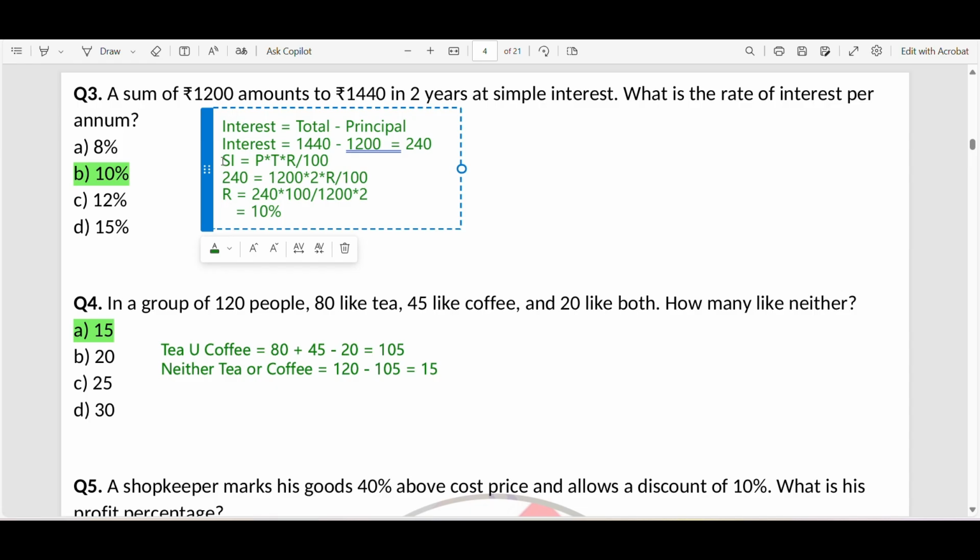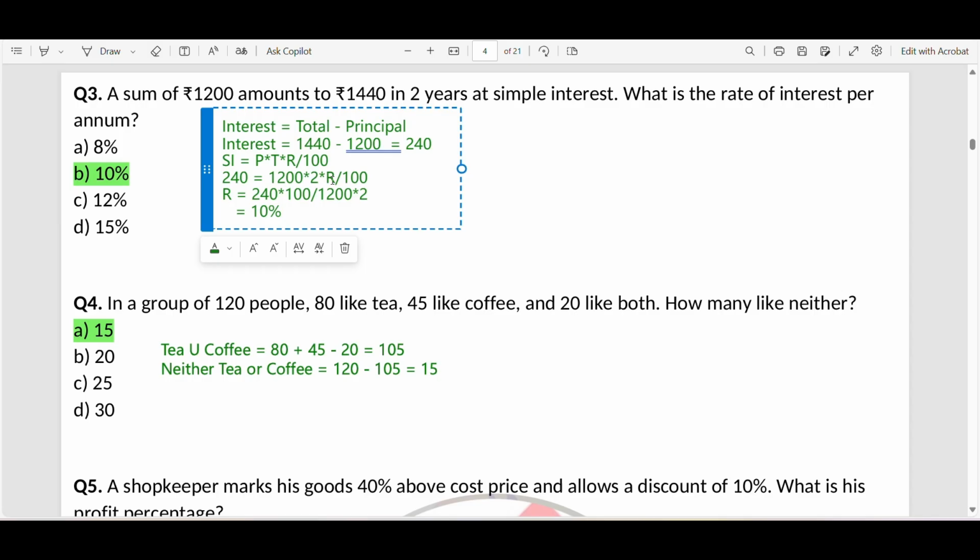From the formula, simple interest equals PTR by 100, we are going to find the rate of interest. So this simple interest we have found is 240, which equals this 1200, which is P, the principal amount, and 2 is the time period, 2 years, and R will be the rate of interest which we are going to find, divided by 100.